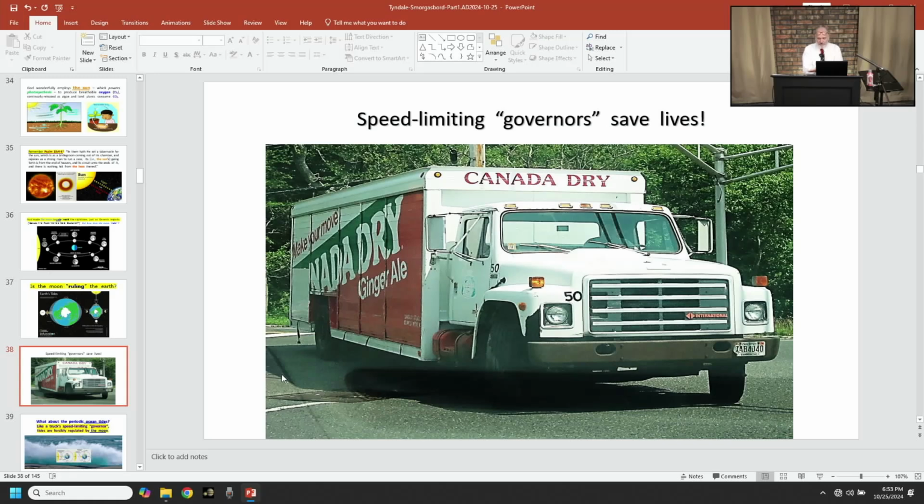And yet the governor in that truck was not a personality. It was a non-living, mechanical thing, which had been designed by an intelligent, living personality.